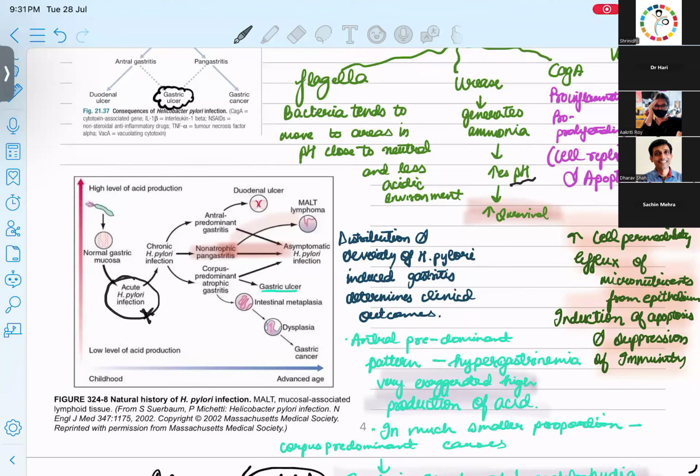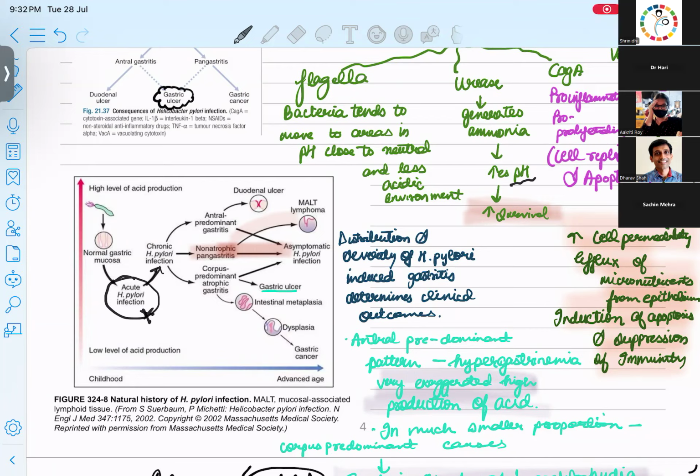If unresolved, it slowly develops into chronic H. pylori infection. And then we have 3 types of gastritis, which cause different things according to severity and the distribution in the stomach wall.